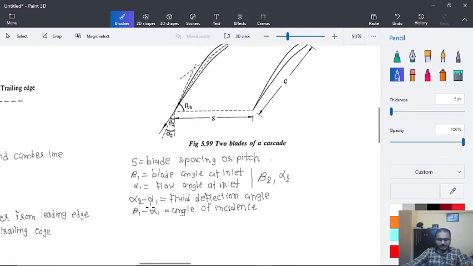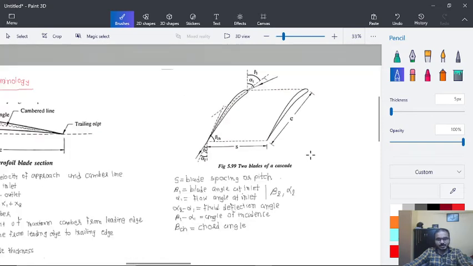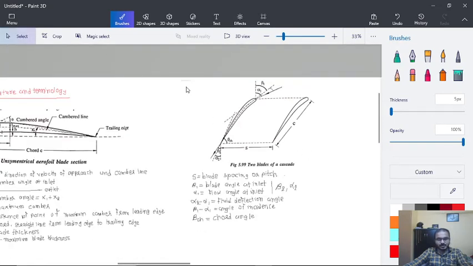Last one is beta CH, which is equal to chord angle. So that's all we have in the nomenclature of cascade. So let's copy this work.